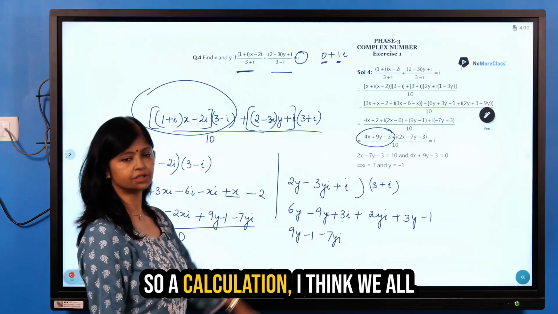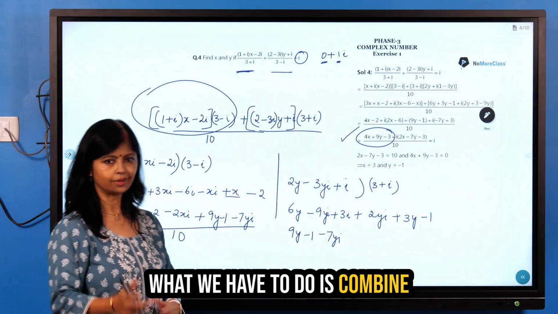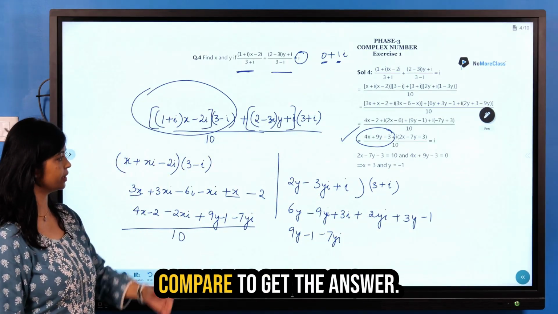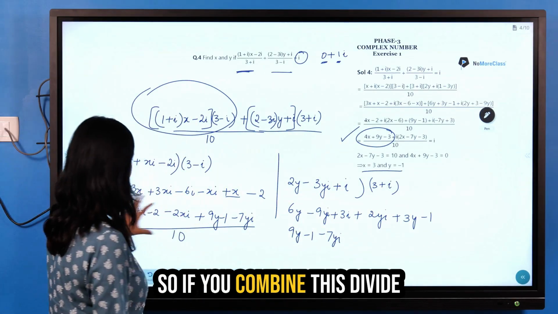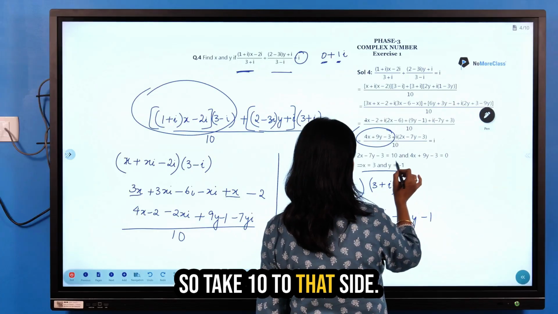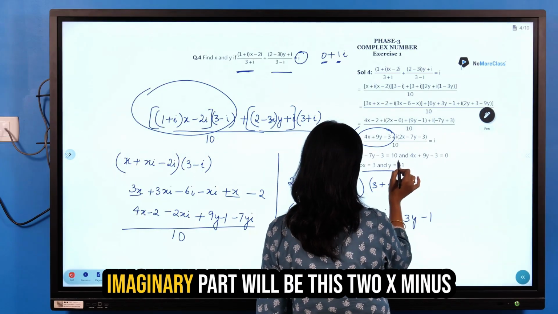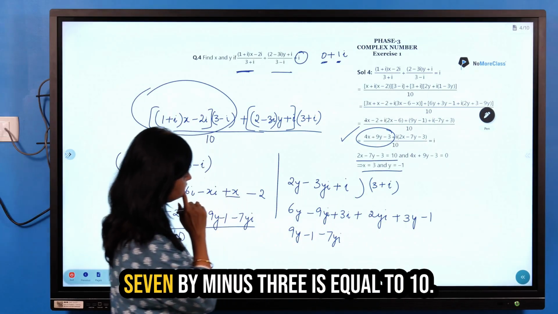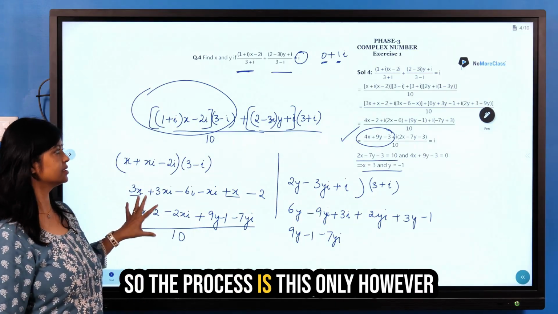Okay, so calculation, I think we all can do the calculation, and then what we have to do is combine the real and imaginary parts on both sides and compare to get the answer. So if we combine this divided by 10, take 10 to that side. So the real part will be 0 and the imaginary part will be 2x minus 7y minus 3 equal to 10.